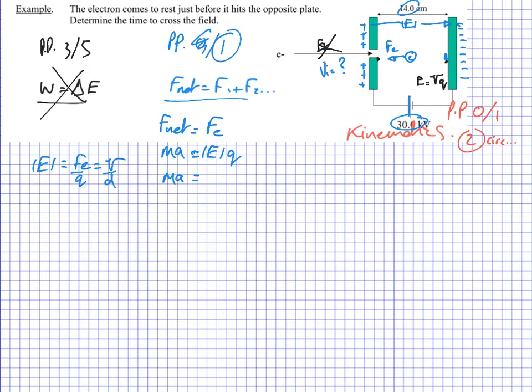I'm going to switch out electric field for V over D, so V over D, Q. Okay, I seem like I'm getting somewhere with this. Let's keep going. I think I can get the acceleration. The acceleration of this electron is obviously going to be to the left because my force is going to the left, but the acceleration is going to be VQ over MD.